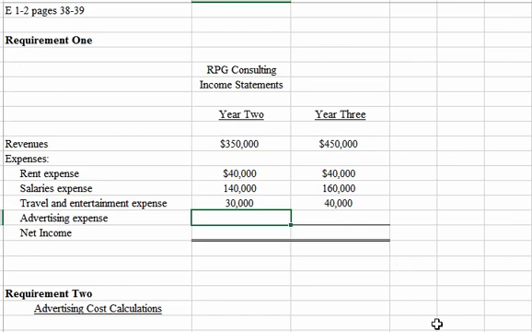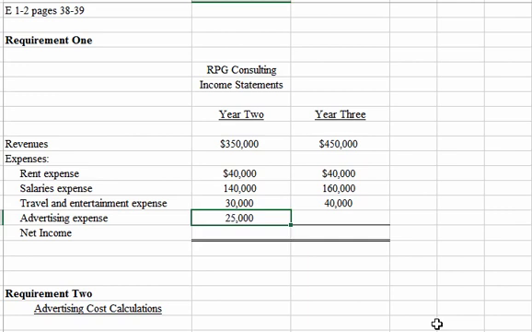Well, they tell us in that first sentence below the chart, in addition, you learn that the company incurred advertising cost of $25,000 in year 2. Okay, well, there's our expense for year 2. They made that one simple. And the company owed the advertising agency $5,000 at the end of year 1. Okay, what they're saying, we incurred some advertising costs in year 1 that didn't get paid for until year 2, $5,000 worth.